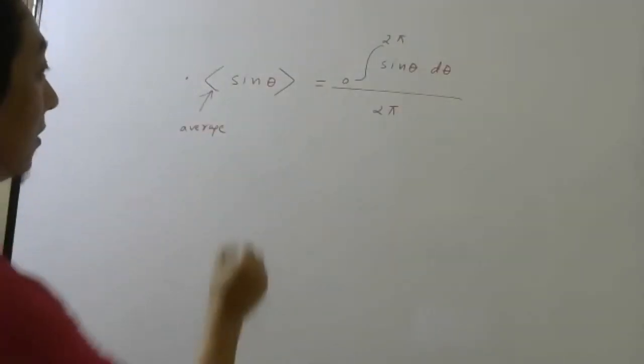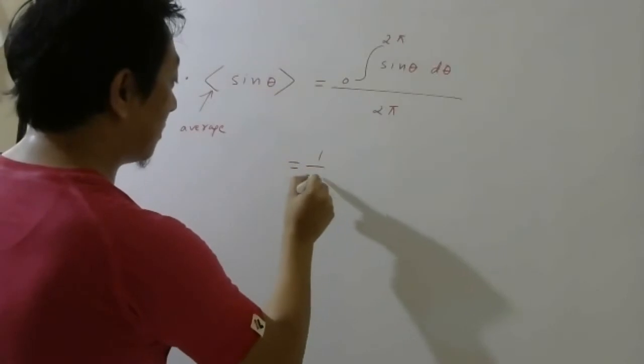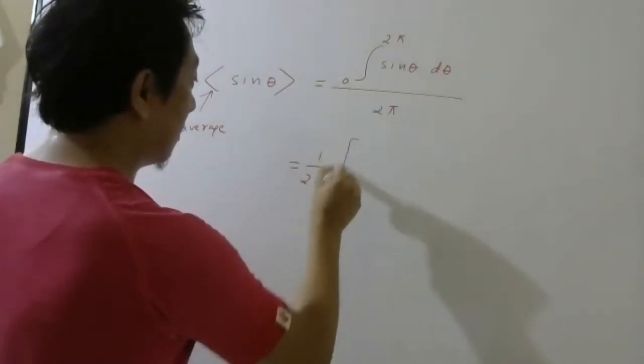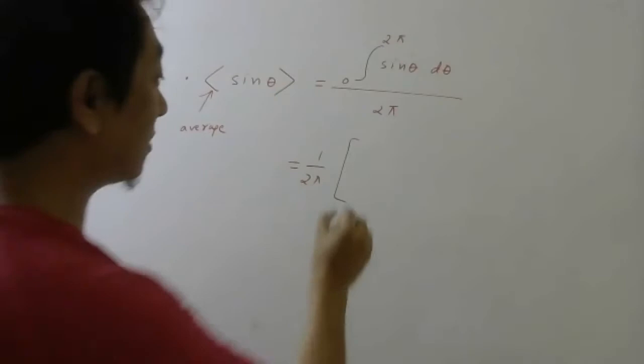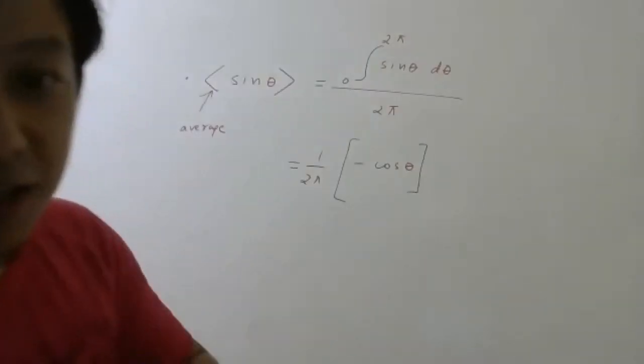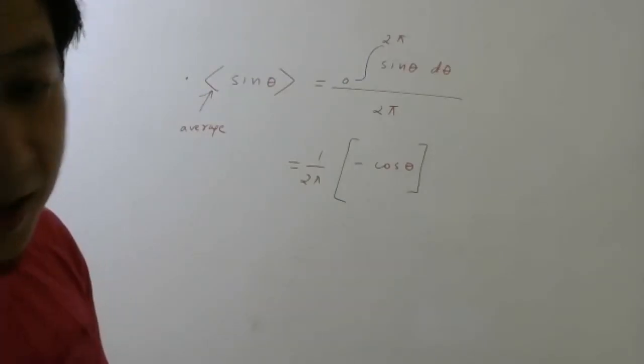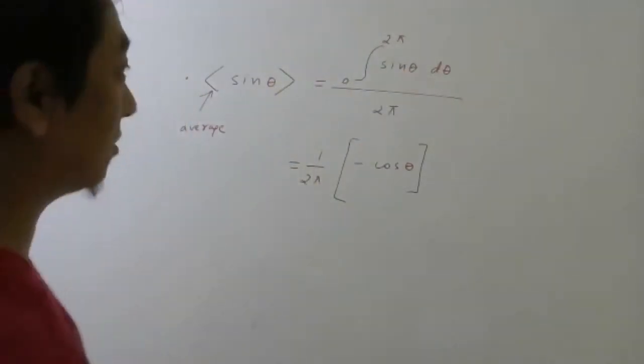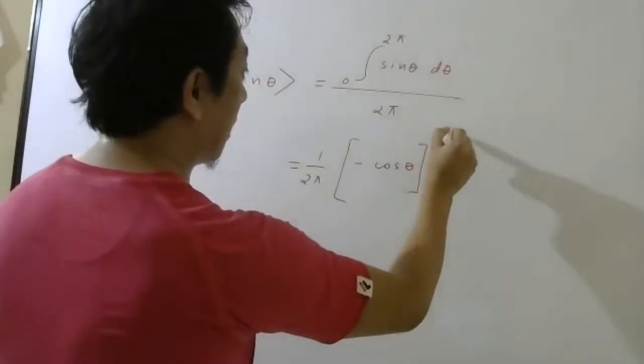What will you get? 1 by 2 pi, this 2 pi is constant. Integration of sine theta is minus cos theta, because differentiation of cos theta is minus sine theta. Upper limit 2 pi, lower limit 0.